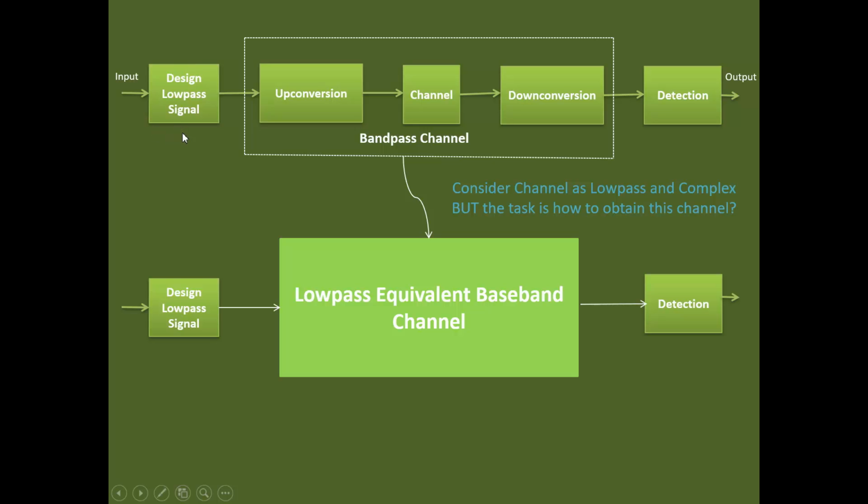But for obvious reasons of the need of modulation, you have to transmit. This is a low frequency signal, so you have to modulate it onto a high frequency carrier signal so that you can transmit onto the channel and gain the advantages of modulation.